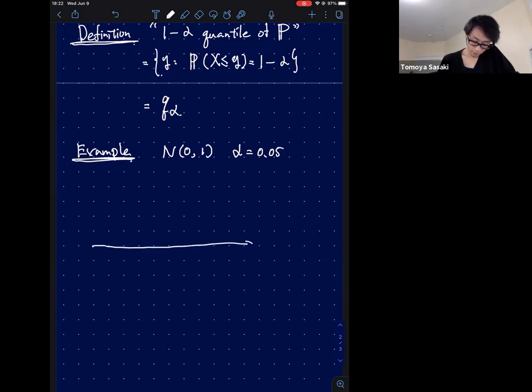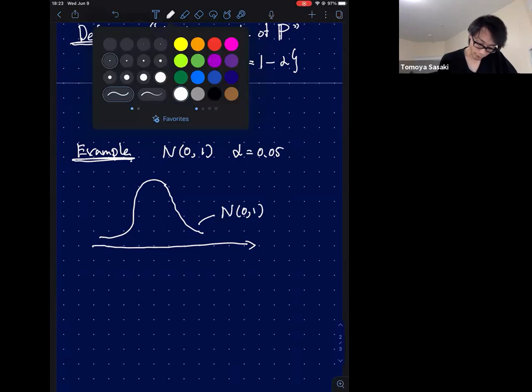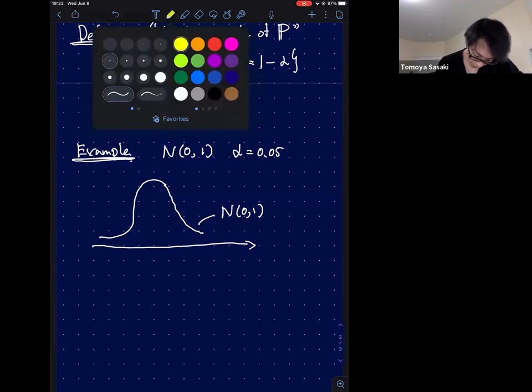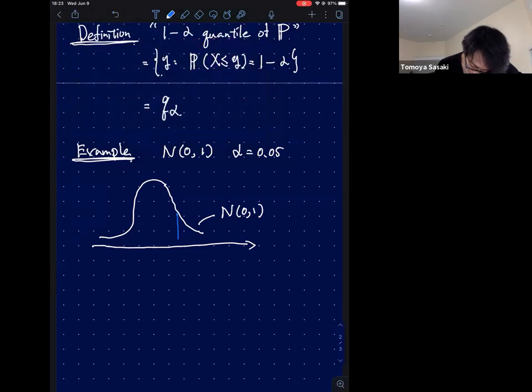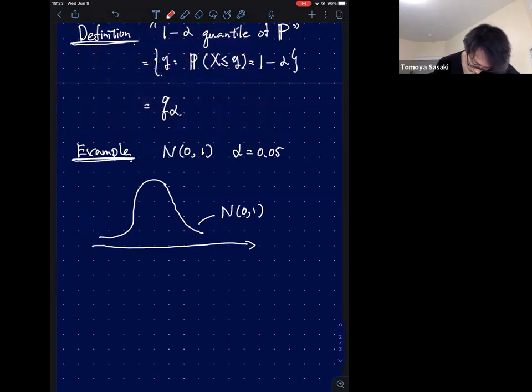It means that when we're drawing the normal distribution with mean 0 and variance 1, we're going to look at the area that has 1 minus alpha.